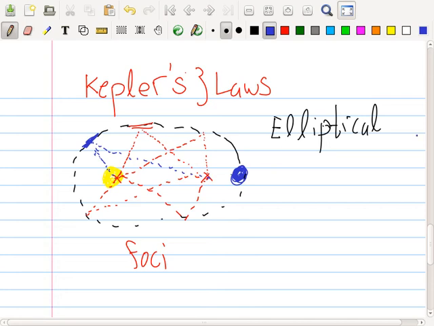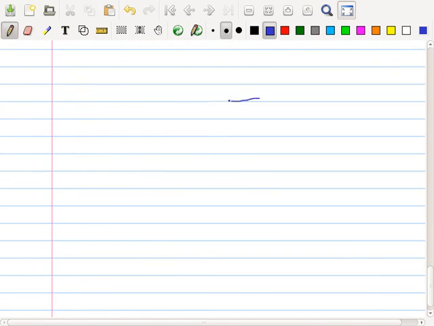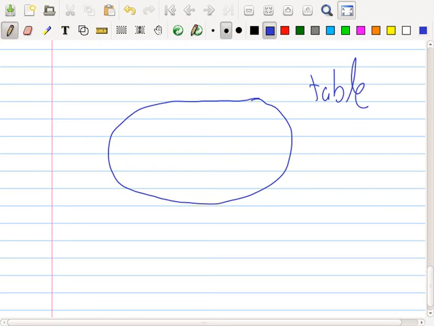Now, it might be a little easier if I draw this one. Imagine this is a table, like a snooker or pool table, but instead of being a rectangle, it is elliptical. If I have my ball here and I hit it, it will go this way, bounce off the edge, and always go to the hole, past this place here.